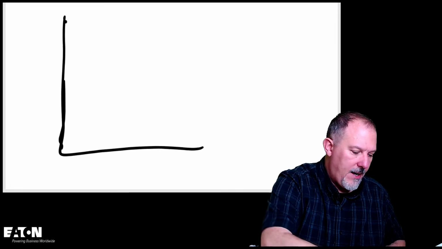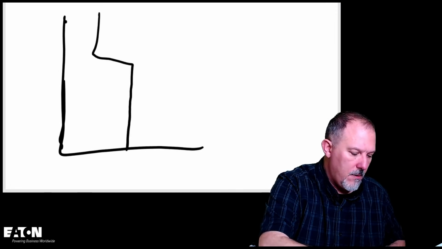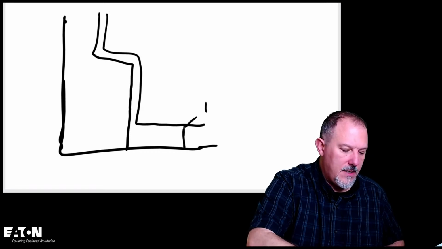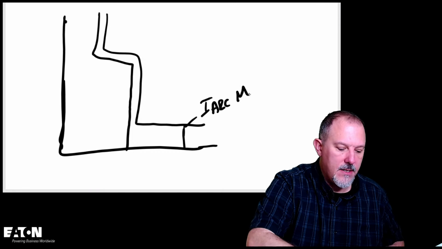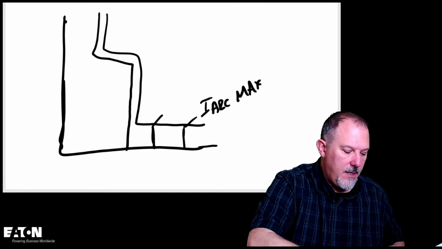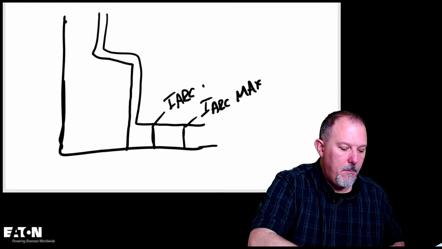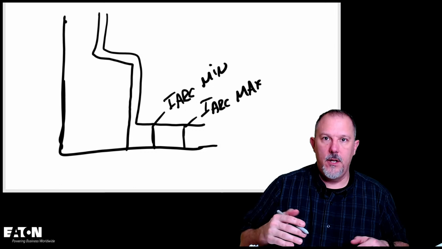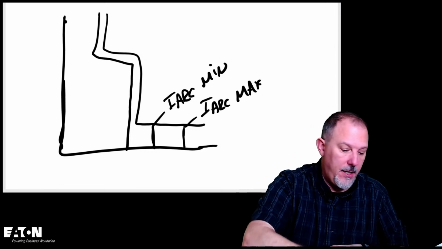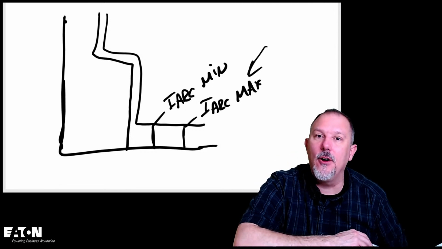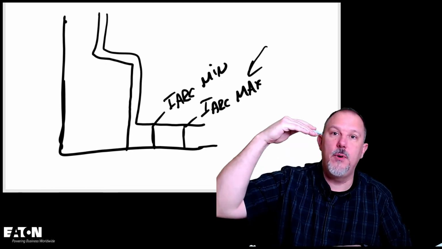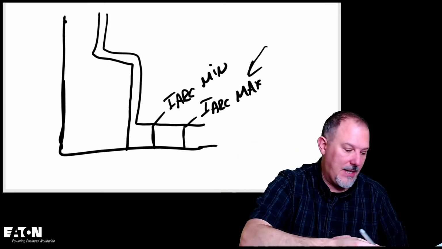If I have a circuit breaker like this, and let's say that this is I arc max, and this is I arc minimum. The clearing time for both of those is exactly the same. So the higher incident energy will be based upon I arc max. Here's what's happening in this case.